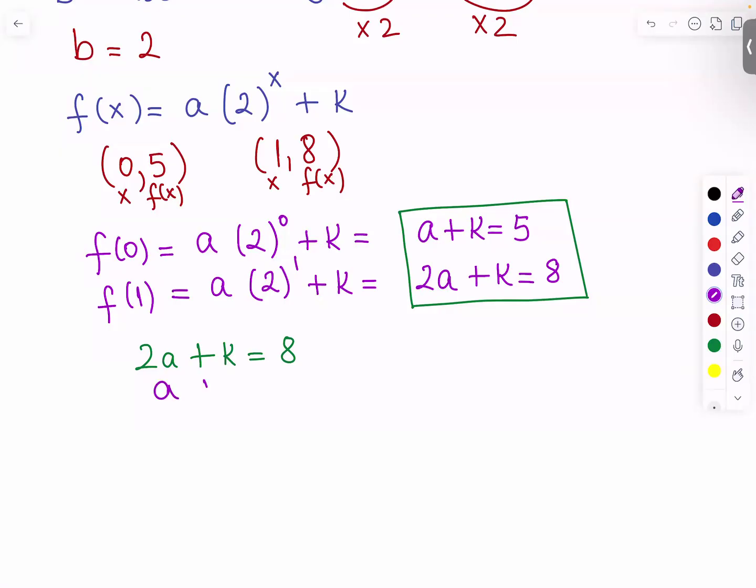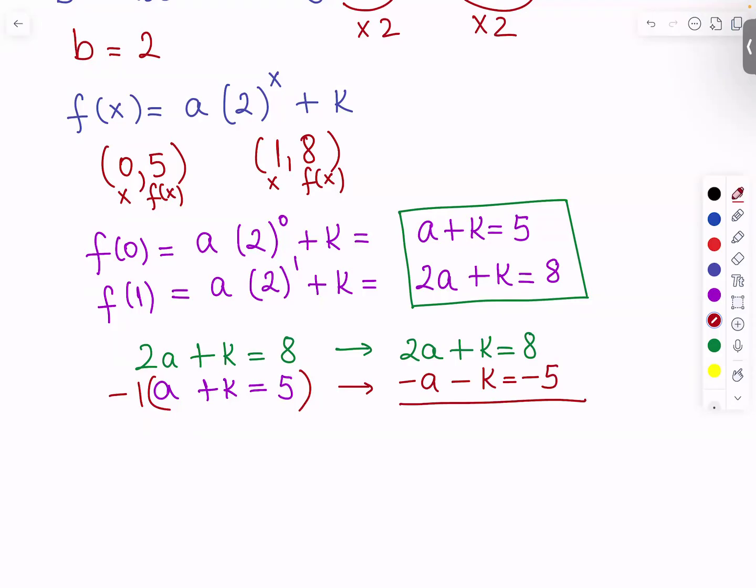So it's a plus k equals 5, but I'm going to multiply the whole equation by -1 so I can get opposite coefficients in front of k. So this becomes 2a plus k equals 8. It doesn't change. The second one becomes -a minus k equals -5. Now I'm ready to add them up.